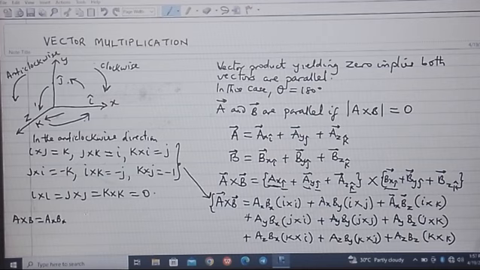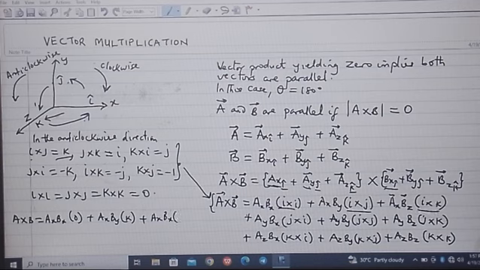What you have there is I cross I, so into 0, plus AX BY. I cross J will give us K, so we say K, plus AX BZ, which is this.